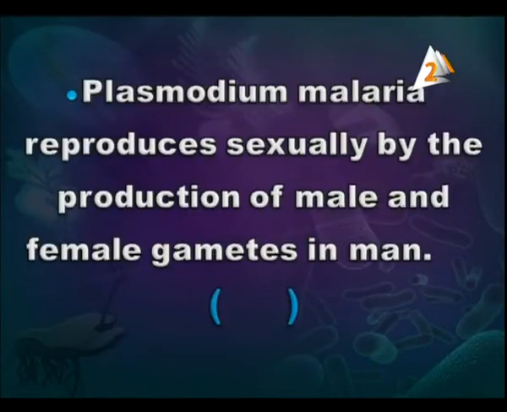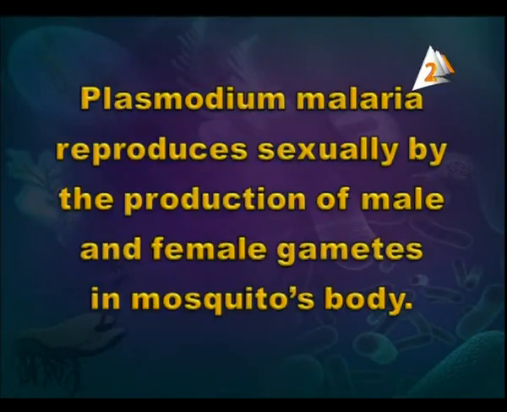The second question, Plasmodium malaria reproduces sexually by the production of male and female gametes in man. That was wrong. The correction is: in the mosquito's body instead of man.